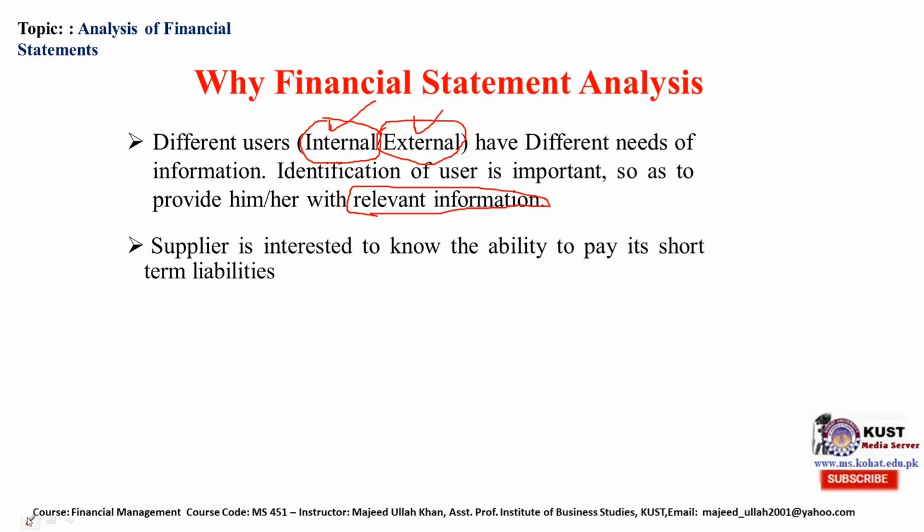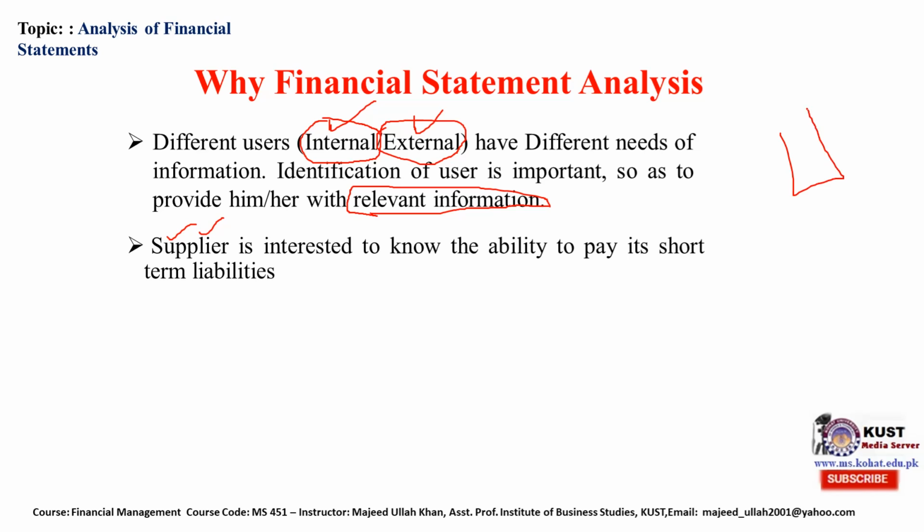For example, briefly, this is an example. A supplier is an outsider party. Why would it be interested in the firm's financial statements? Because they are interested to know whether the company is in a position to meet its short-term obligations, because the supplier sometimes provides goods to companies or firms on credit basis. So he will be interested in whether the company has the ability to pay its short-term obligations or not.